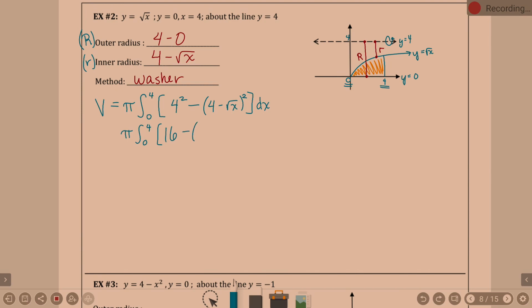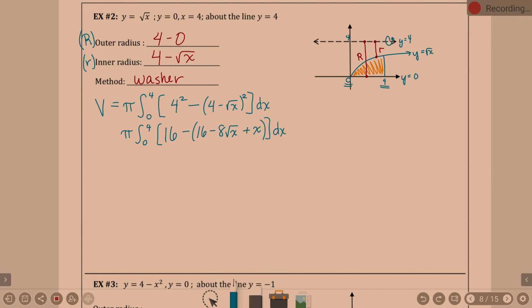So 4 squared is 16. 4 times minus square root of x is minus 4 square root of x. And there's going to be another minus 4 square root of x, which makes it minus 8 square root of x. Minus square root of x times minus square root of x is plus x.